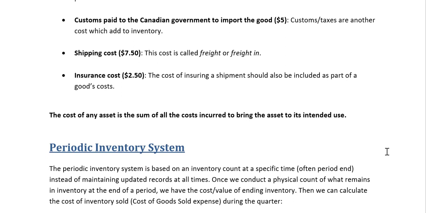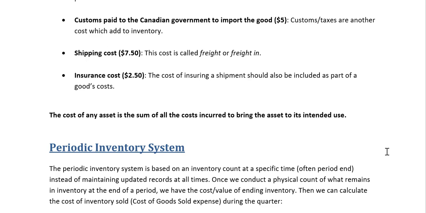The cost of any asset is the sum of all costs incurred to bring the asset to its intended use. So as this bolded sentence implies, this list that we just covered of 4 items is certainly not comprehensive. In fact, there can be a lot more costs which are incurred along the way to bring a product to its selling point.